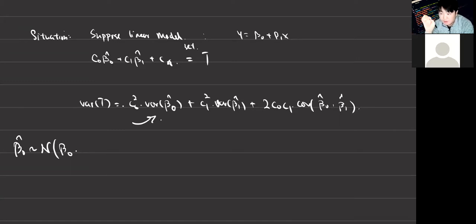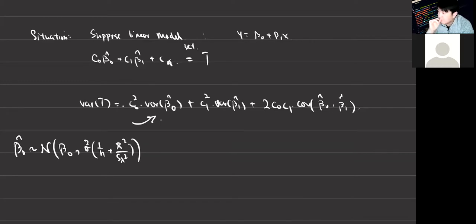The linear coefficients are unbiased. That's something interesting. And what else? Variance. If you derive it out, the variance looks something like this, and there's x bar here over sx squared. So that's the asymptotic distribution for beta 0 hat.